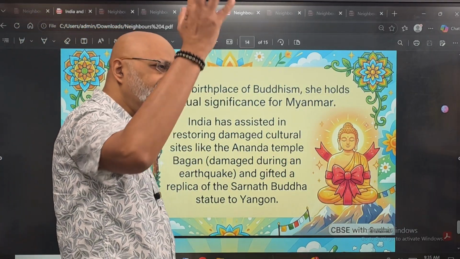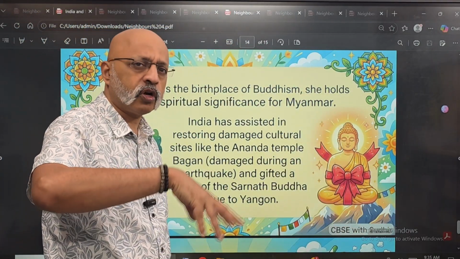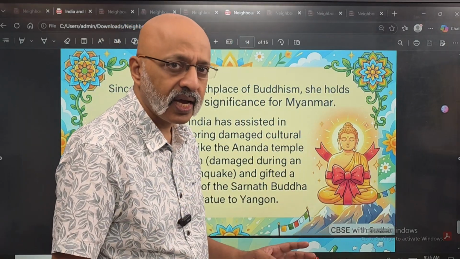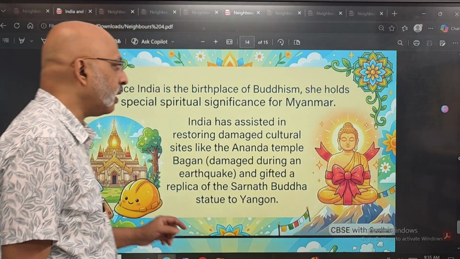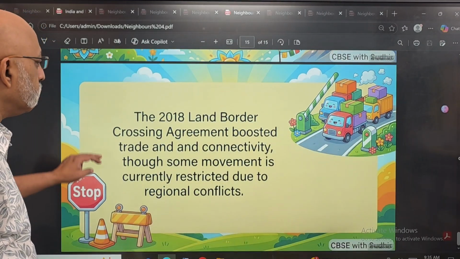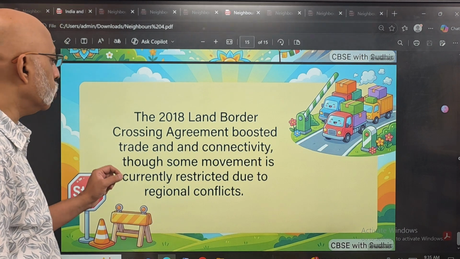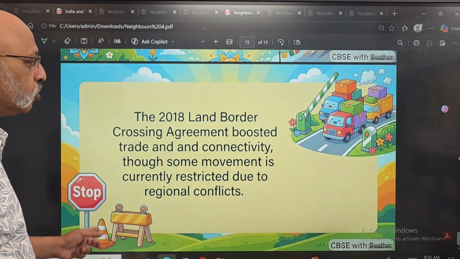Myanmar also has seen different kinds of governments. It has seen a military government, it has seen a democracy. So a lot of political upheaval even in Myanmar. The 2018 land border crossing agreement boosted trade and connectivity, though some movement is currently restricted due to regional conflict.